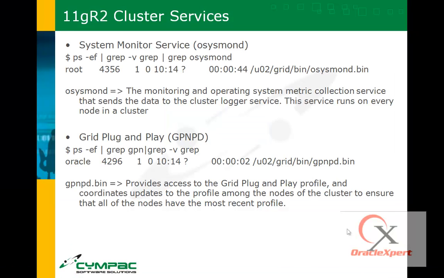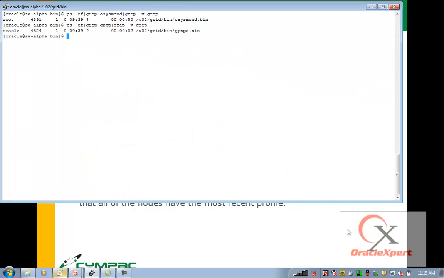A profile is an XML file. So I am taking you to where the profile is. Go to the grid home, GPNP, profile, peer, and you would see there is a file called profile.xml.